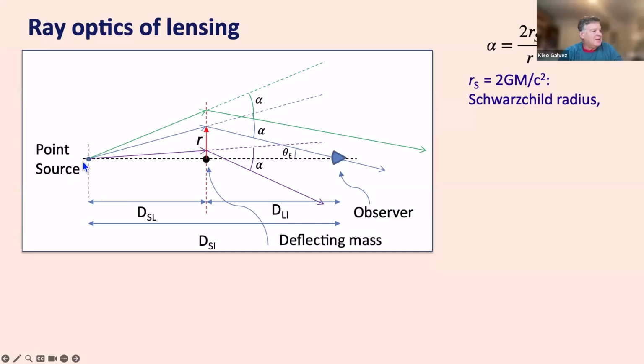And that is that the distances from source to lens and from lens to Earth are so vast compared to the distance over which the light is bent due to the curvature of space, that one can approximate that bending of the light to occur in just a plane. And that's a thin lens approximation.